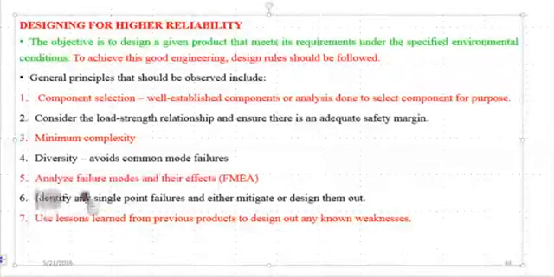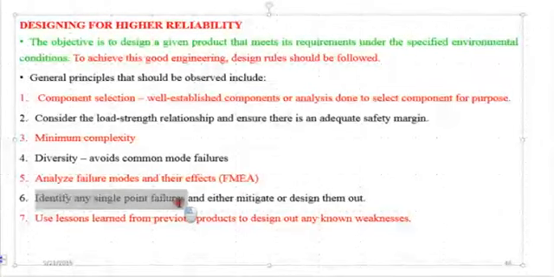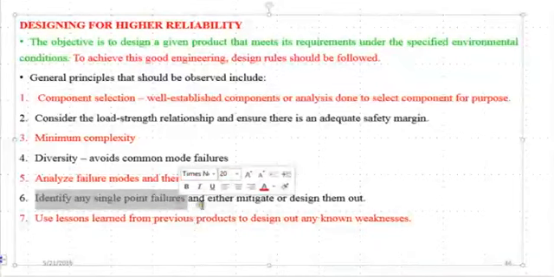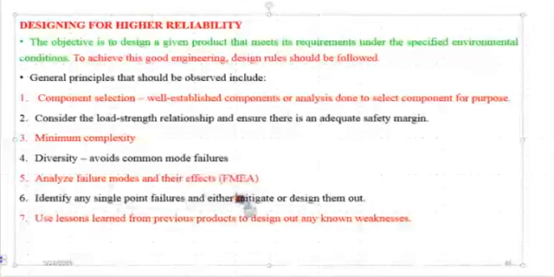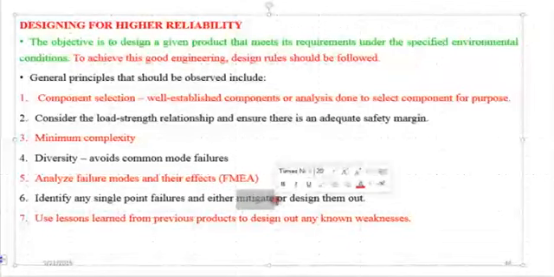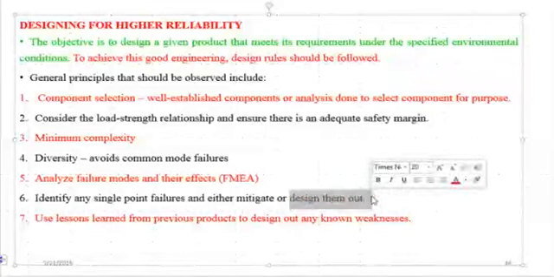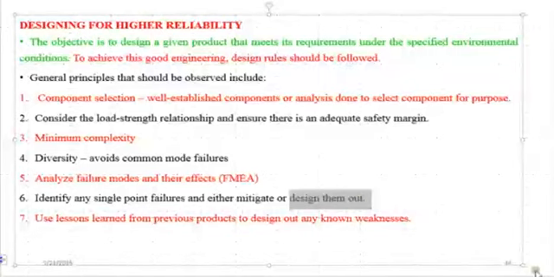And the next thing is identifying single point failures. What do you mean by single point failure? They are the kind of failures that keep on repeating from time to time. If you identify them, you have two options. You either try to mitigate them, that is to reduce them as much as possible, or to even design them out. That is, you substitute them with other things that will not be suffering that kind of failure.